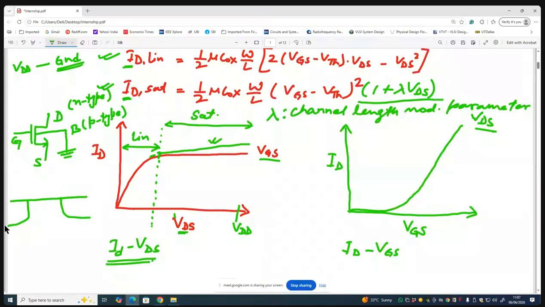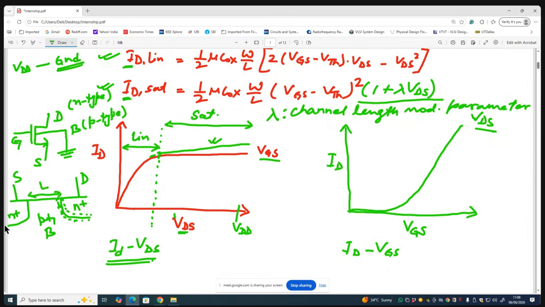So say this is the body, this is N plus source, this is N plus drain, and this is the P type body. So there will be a depletion region, no? Whenever you have N type silicon and P type silicon, there will be a depletion region. And this is the channel length.